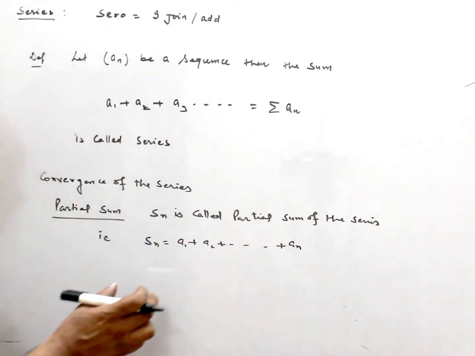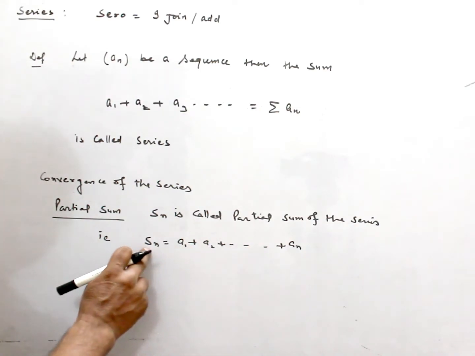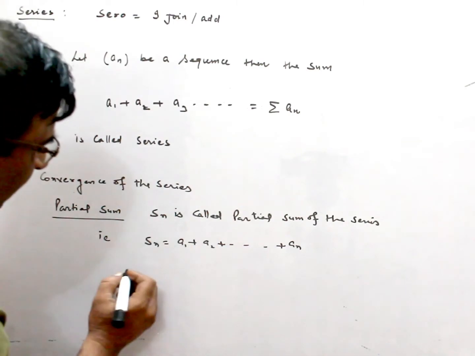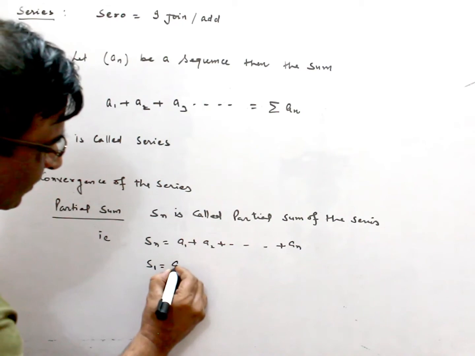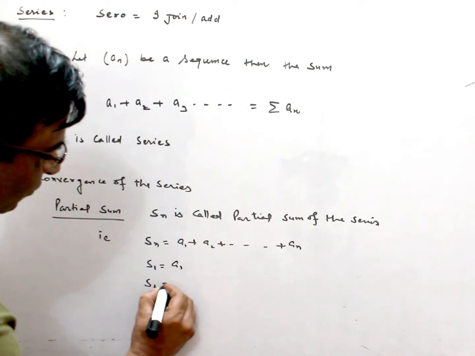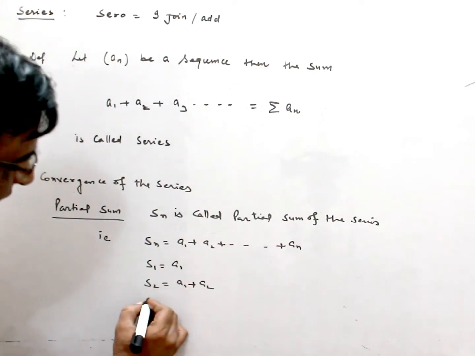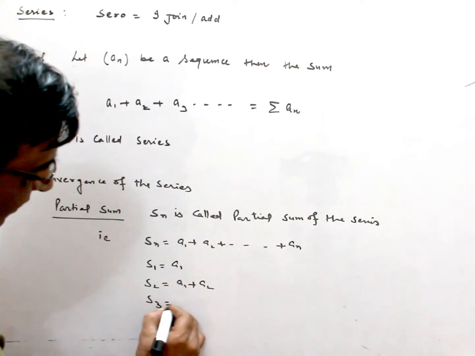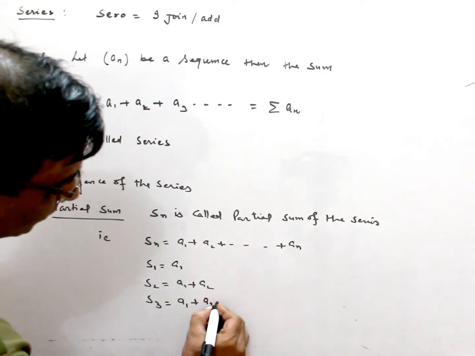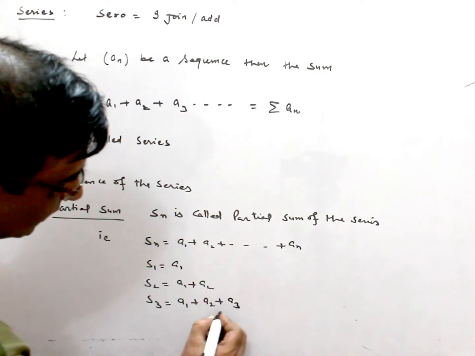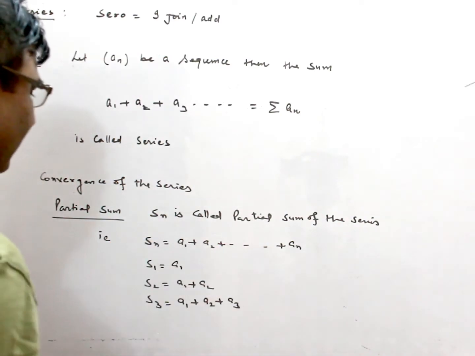That is the first n terms of the series is Sn. That means you can say S1 is A1, S2 is the first two terms A1 plus A2, S3 is A1 plus A2 plus A3. Like this, Sn is the first n terms.